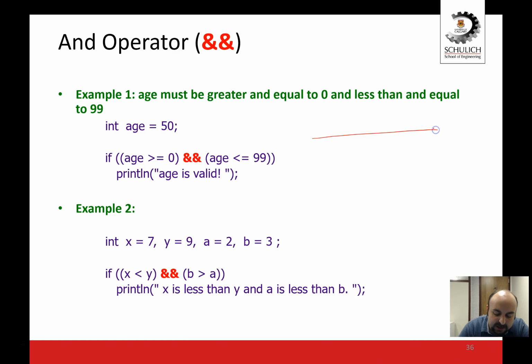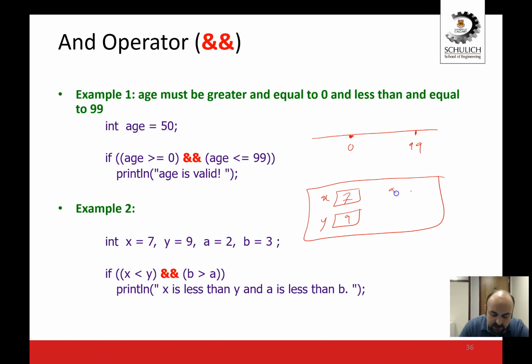So again, we're looking at an interval 0 to 99. Here, it's sort of a random question. If x equals 7, y 9, you have x as 7, y as 9, a as 2, and b as 3.